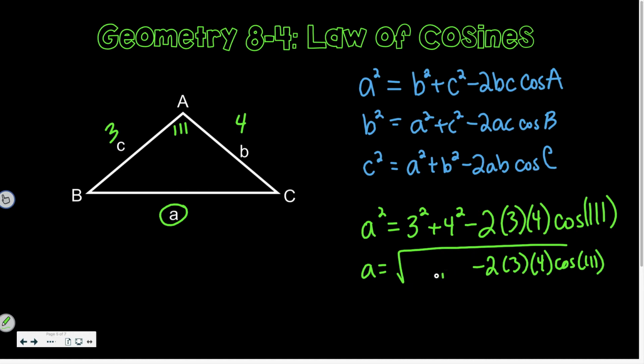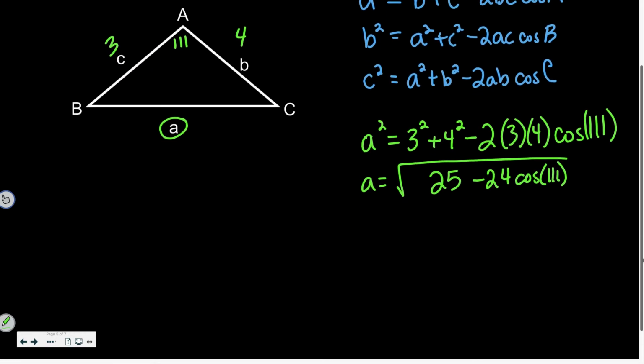So instead of writing 3 squared plus 4 squared, I would say 25, and then I would change this to be a 24, because 2 times 3 times 4. And that way, there's fewer things to plug in and mess up on with your calculator. I will say that you have to show me your work on this problem in order to get full credit. So you need to practice how you would set things up. So I expect to see something like that.